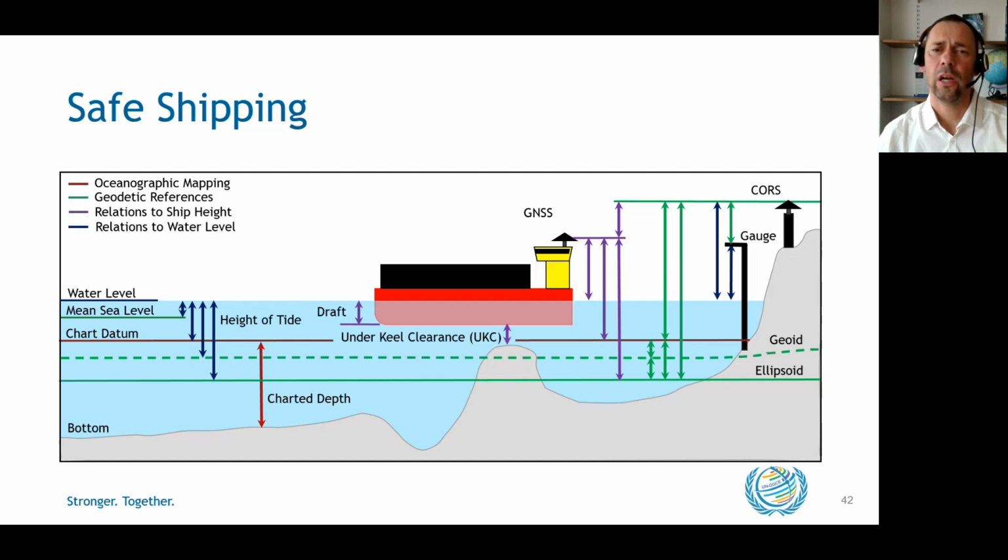And considering that the ship is also equipped with a GNSS receiver, we can use the reference station to relate also the ship's bottom to the depth of the sea. From this information, it is not difficult to calculate the underkeel clearance for safe shipping.